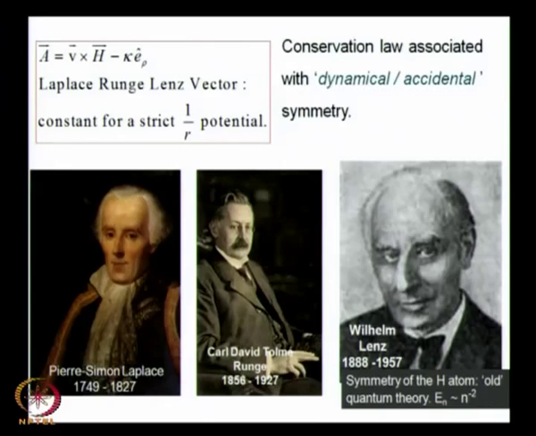You can call it accidental symmetry if you like, and in fact this was called accidental symmetry, but a more appropriate term for this is dynamical symmetry. The reason it is called dynamical symmetry is because it comes from dynamics, it comes from the cause-effect relationships, it comes from the nature of the interaction. The nature of the interaction between these two masses is given by the 1 over r potential, Gm1m2 by r, and the force is given by the corresponding 1 over r square law, right.